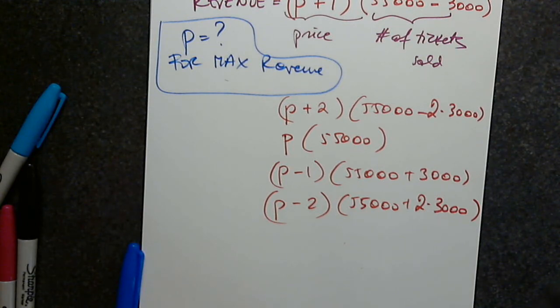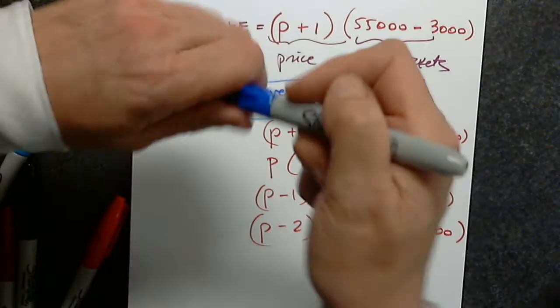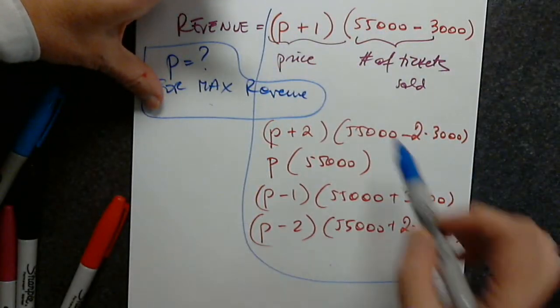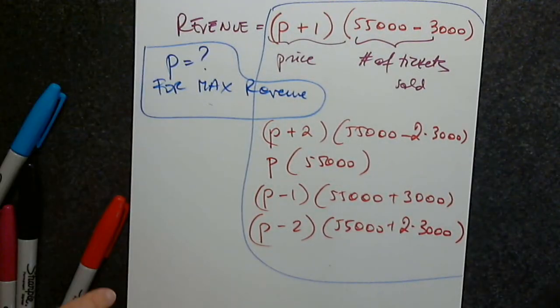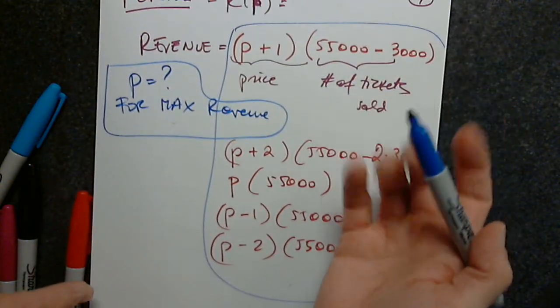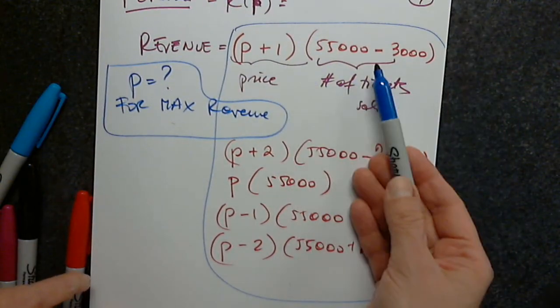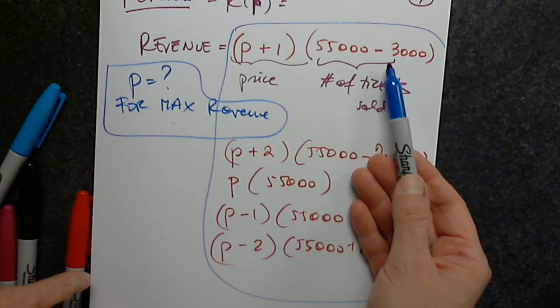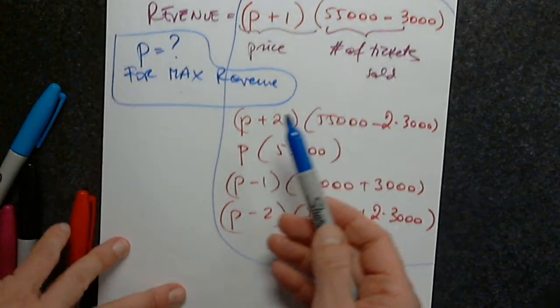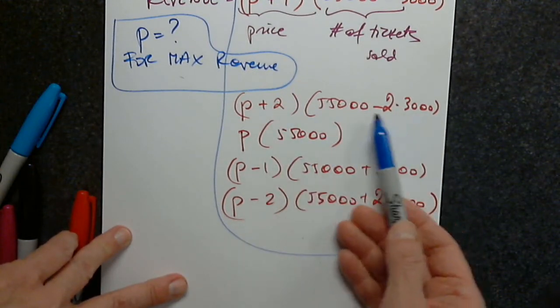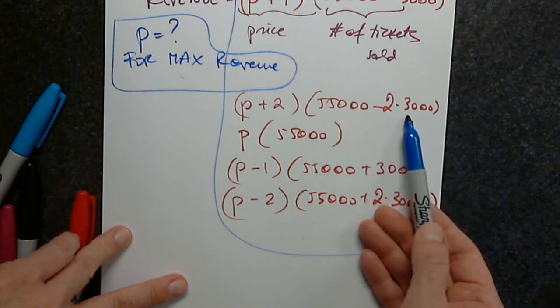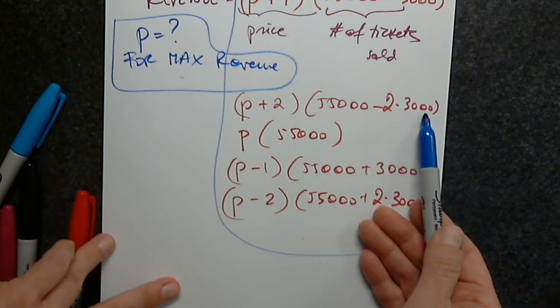So we have to express this as one function, of course. But this is the idea. If I increase the price, the number of attendees drops by 3,000. If I increase by $2, the capacity minus 2 times 3,000.